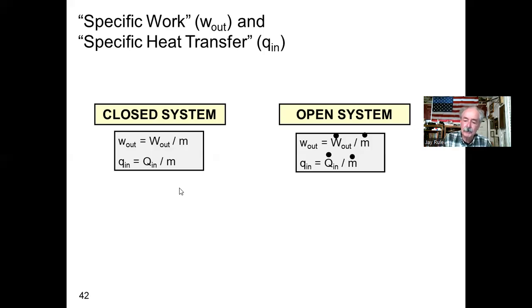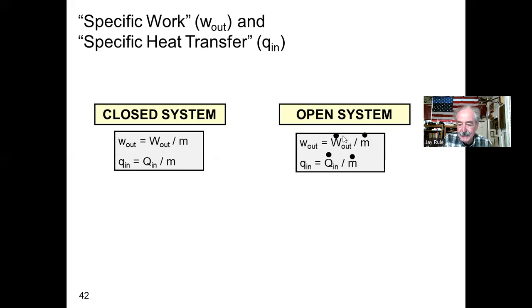And then we get over to problems with open systems, steady state, steady flow, one inlet, one outlet, where we've got a single m dot, a single mass flow rate. We can formulate a little w out, which is defined differently. Notice how it's different. Look at it with your eyes.